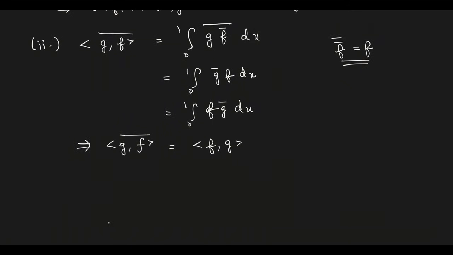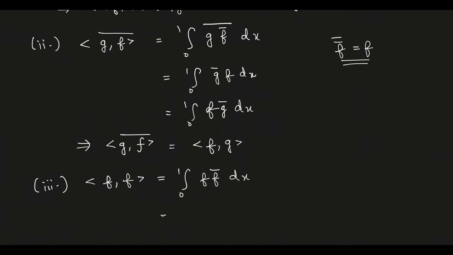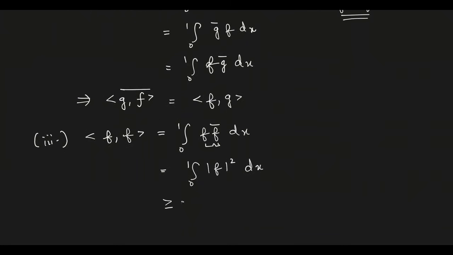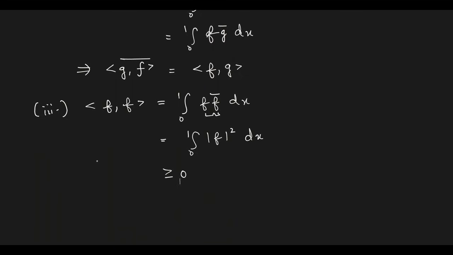Now let us verify the third property. Inner product of f comma f is integration 0 to 1 of f f bar dx. What will this be? f into f bar is mod f square, and this is clearly greater than or equal to 0. So this property is also verified, and we know that if this inner product is equal to 0, it implies integration 0 to 1 of mod f square dx is 0.